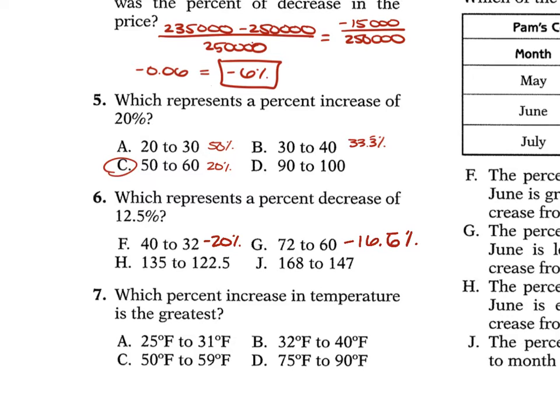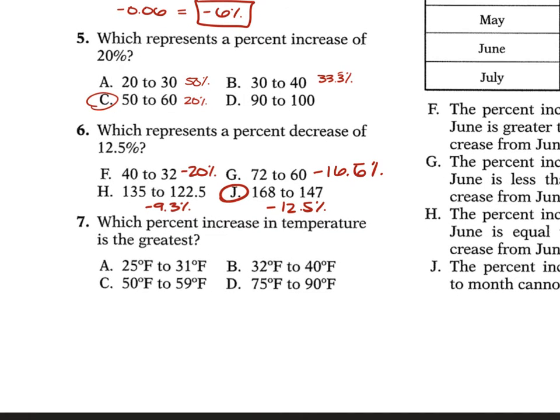For H, we have 135 to 122.5. That's going to give us 122.5 minus 135 over 135. That's a negative 9.3%. And then for J, we have 168 to 147. So it's 147 minus 168 over 168. That gives us the negative 12.5% that we're looking for. So that's J.